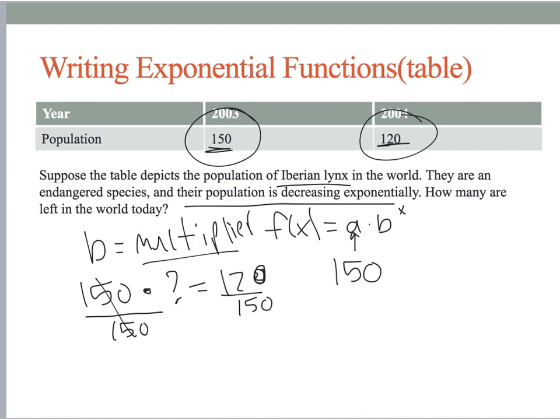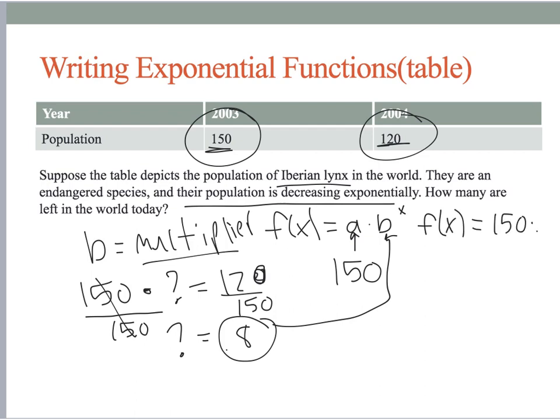Those cancel, and I get that the question mark equals 0.8. This is going to go in as my multiplier, so I can write my equation: f of x equals 150 times 0.8 to the x.